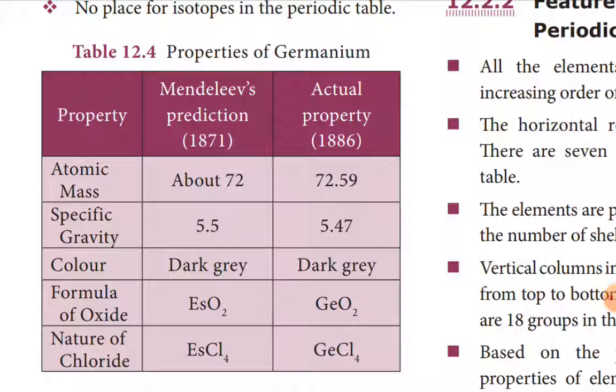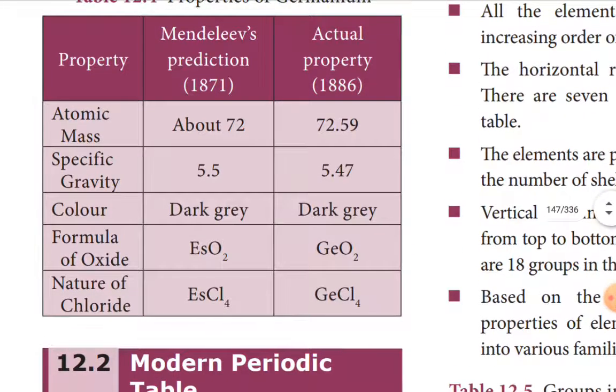Color: dark gray. Formula: Mendeleev's prediction was ESO2, and the formula of the newly discovered element's oxide is germanium oxide. The nature of chloride: germanium tetrachloride. So more or less, it mostly coincides with Mendeleev's predictions.